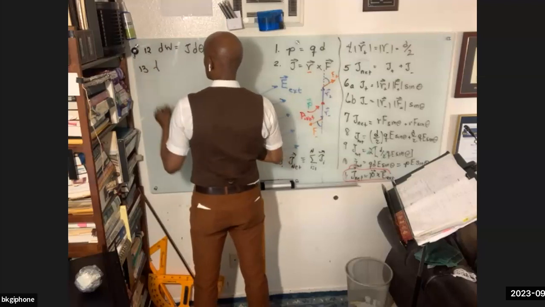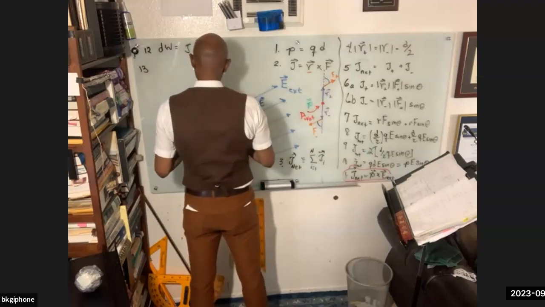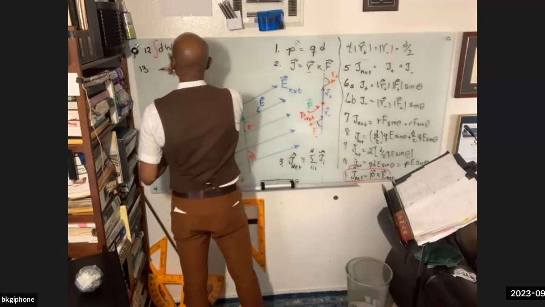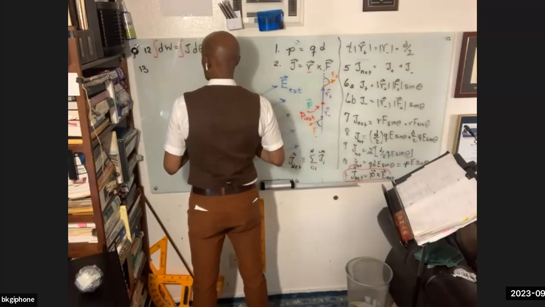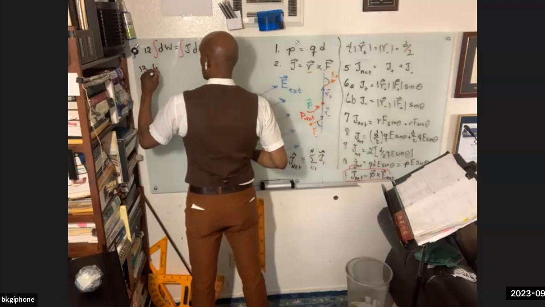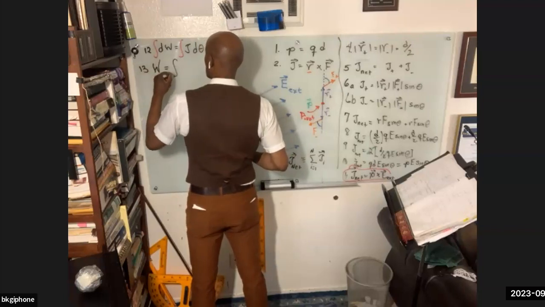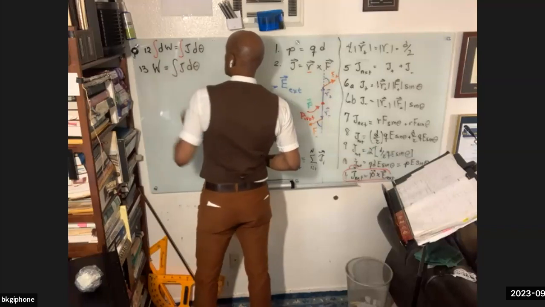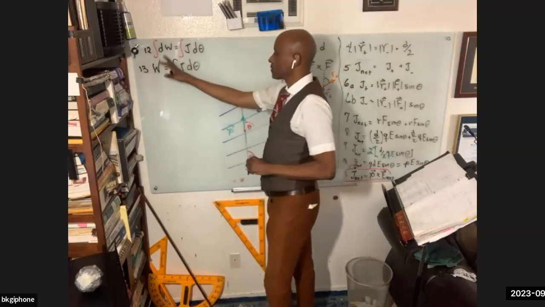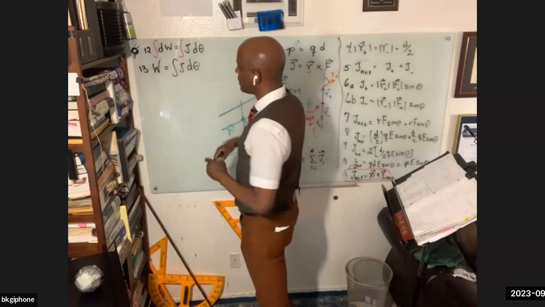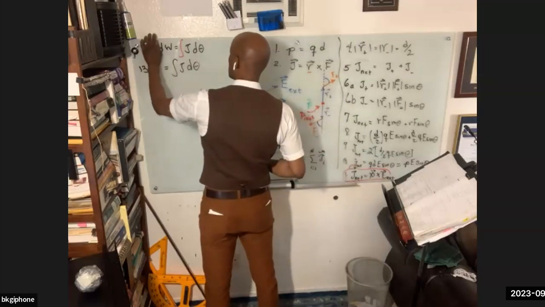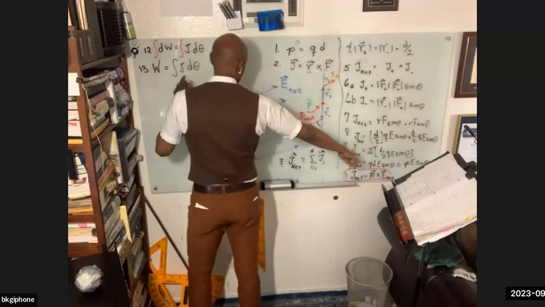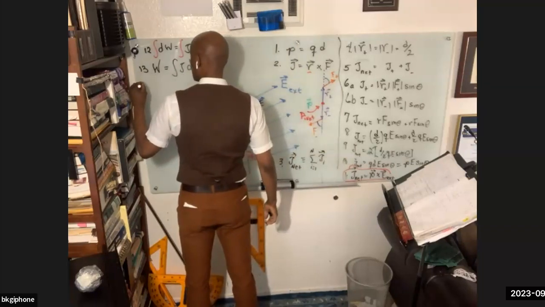But when I integrate both sides, dW just becomes the work. So then the work is equal to the integral of tau d theta. That other thing I wrote is obviously not correct. All right. So anyway, I take the magnitude of tau and I get it from over there.